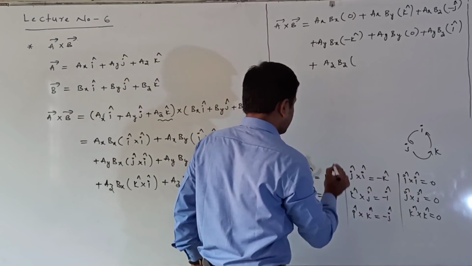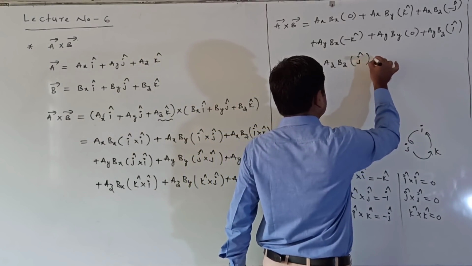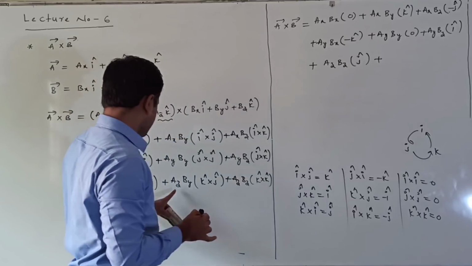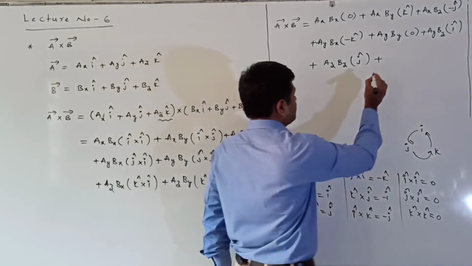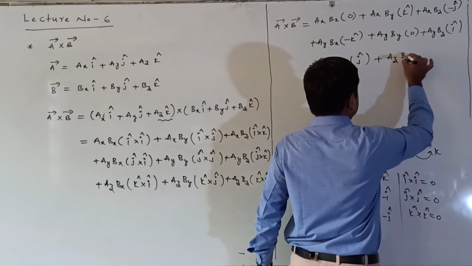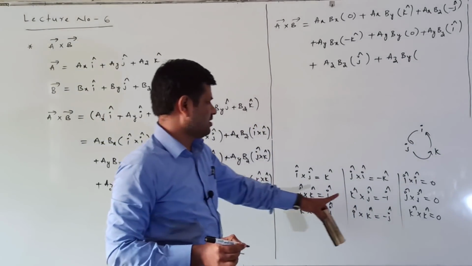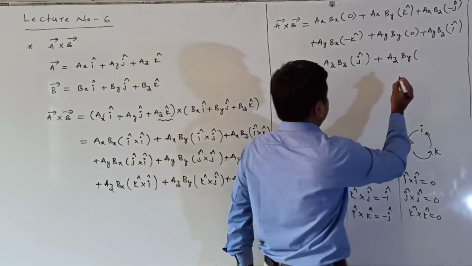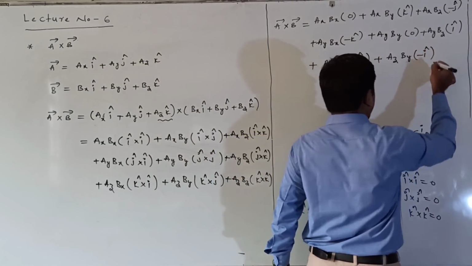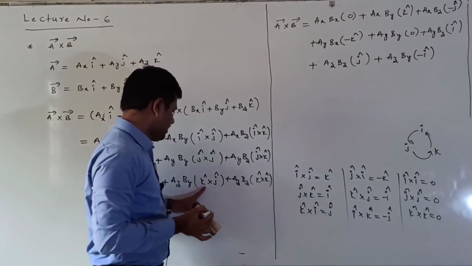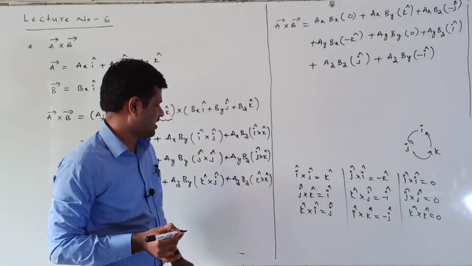J cap. Plus AZ BY into K cap cross J cap. K cap cross J cap is equal to minus I cap.